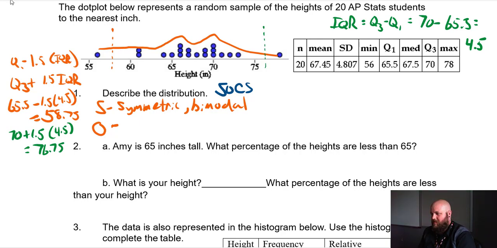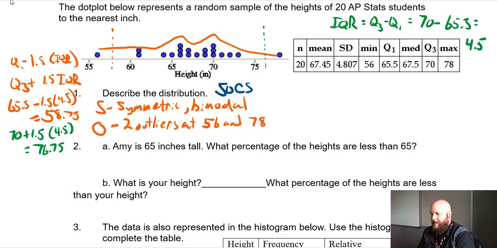So, I'm going to say you have two outliers at our lowest was 56 and 78.